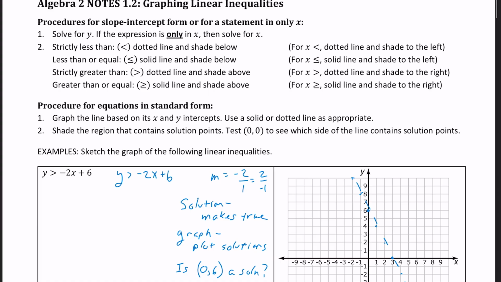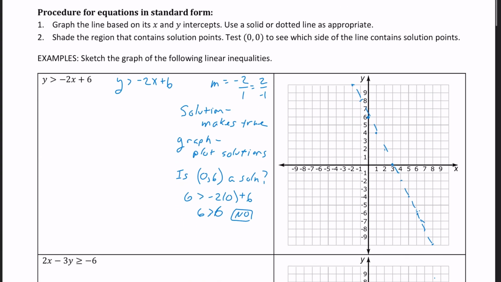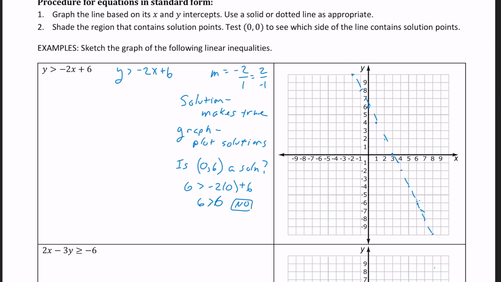And that's where these statements up here come into play. Specifically though, if I pick any point on my graph that I've plotted over here, it's a point of equality, but I want the y value to be bigger than the point that's on the line. So I want my y value to be bigger than, and y gets bigger as I shade above. So I'm going to take all the region that's above this line, and I'm going to shade it.